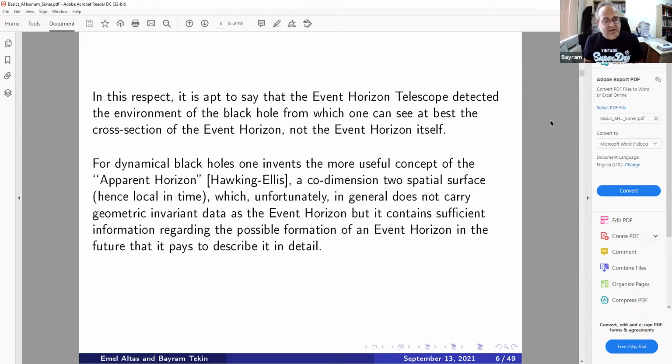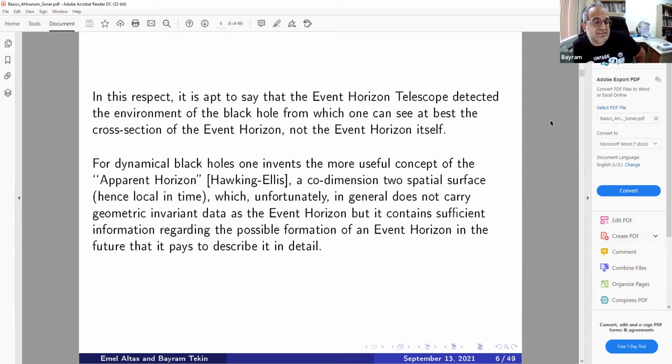So for dynamical black holes out there in the sky, one needs to invent a more useful concept than the event horizon, which is the apparent horizon, which is now a codimension two spatial surface. Instead of a null three-dimensional surface, you have a two spatial surface, which means it is local in time. But since it is local in time and it's a two-dimensional surface, it unfortunately does not carry geometric invariant data as the event horizon.